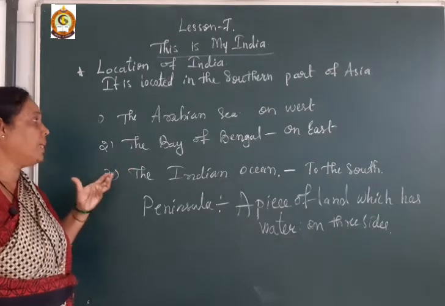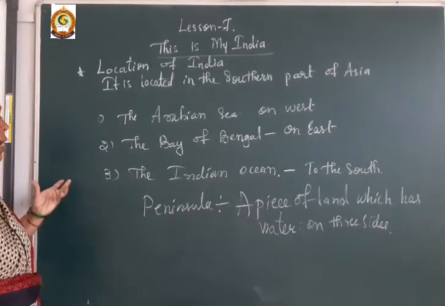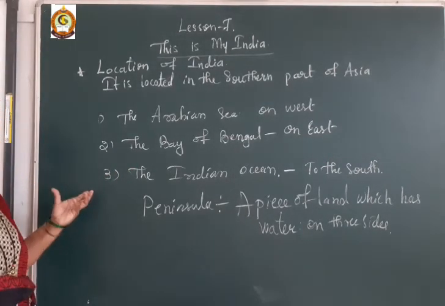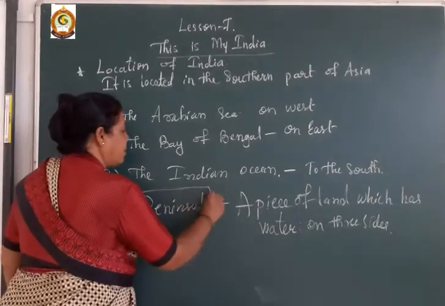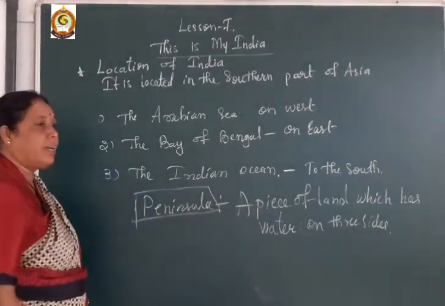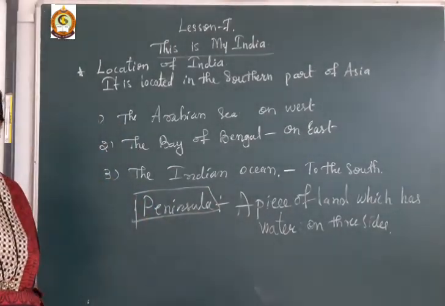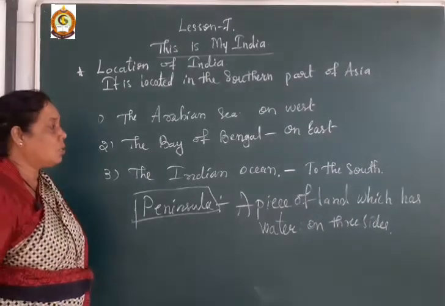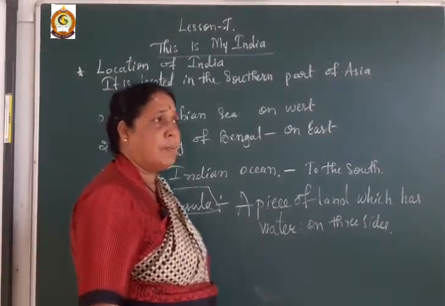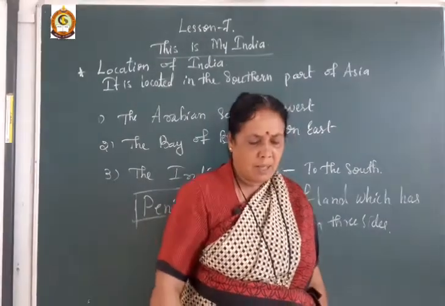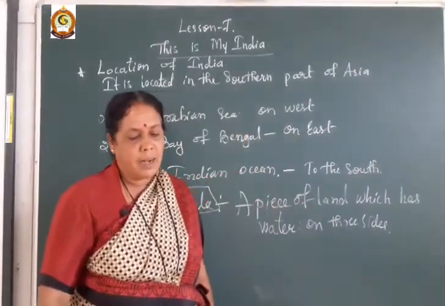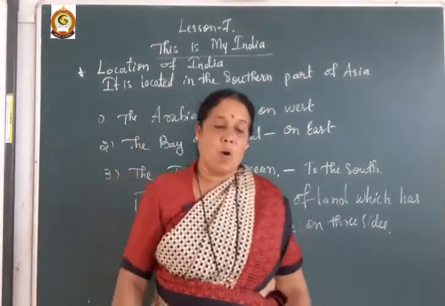Okay, so the piece of land which is surrounded by water on 3 sides is called a peninsula and our country India is a peninsula. Understand, dear student? So, the Himalayan ranges are a natural barrier to the country in the north.